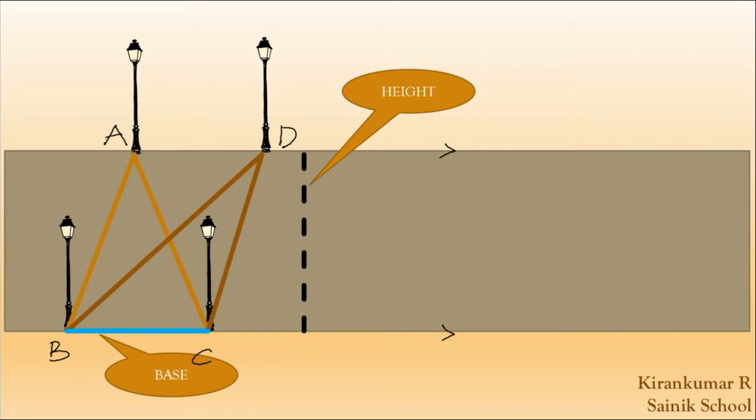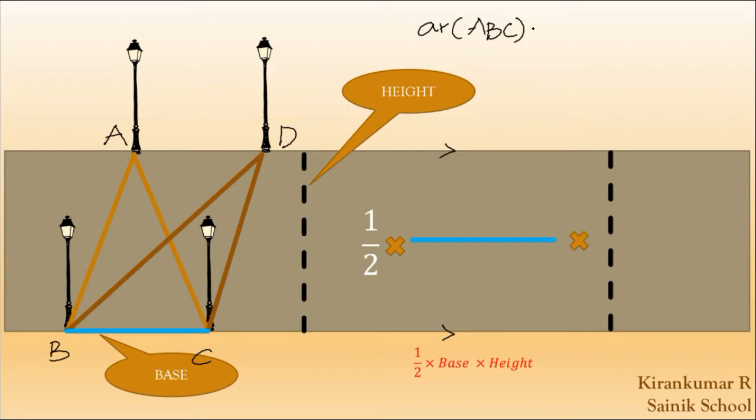We have learned in lower classes that the area of a triangle is half base into height. If we do that, we get the area of the triangles. For triangle ABC, the area is half into BC into height.